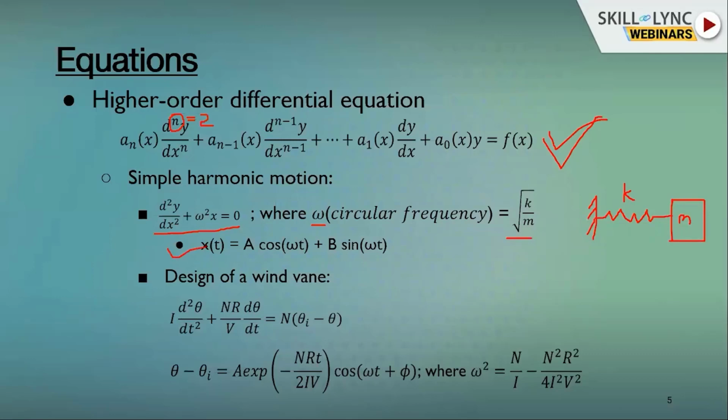Similarly, let's say you have to design a wind turbine. To get better efficiency, we have to incline the vane. Vane is the wind turbine blade.